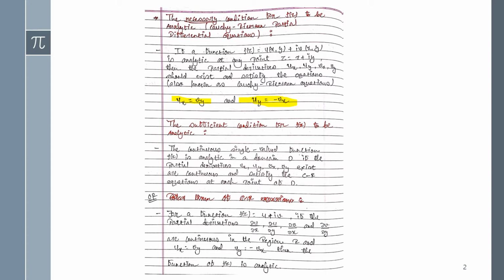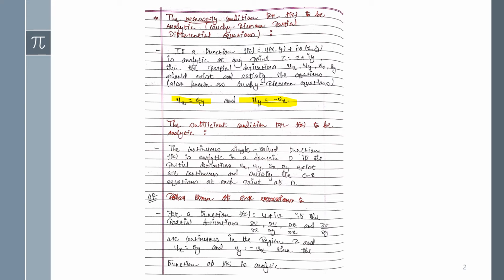The sufficient condition, and here I have given the sufficient condition for the function f of z to be analytic. The continuous single-valued function f of z is said to be analytic in the domain D if the partial derivatives ux, uy, vx and vy exist and are continuous.